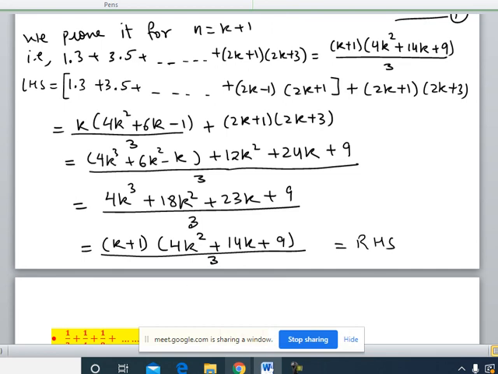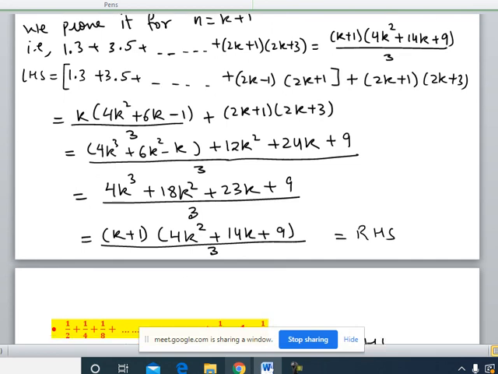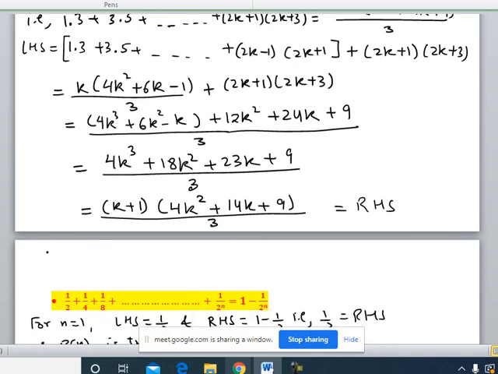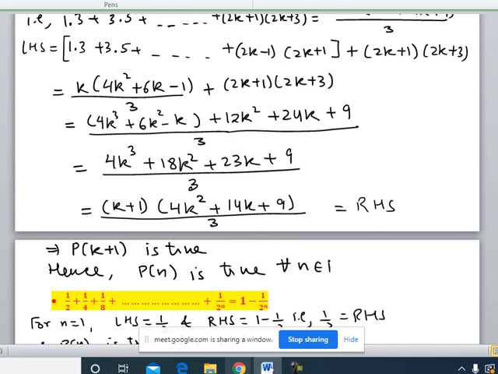So this means we have shown the result correct for k plus 1. This implies P(k+1) is true. Hence, P(n) is true for all natural numbers.